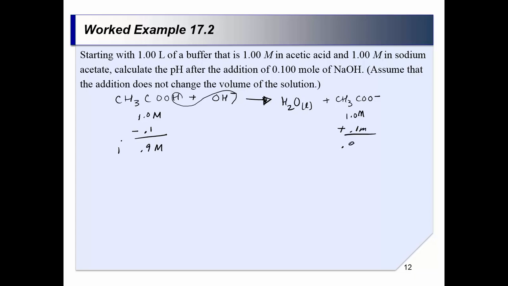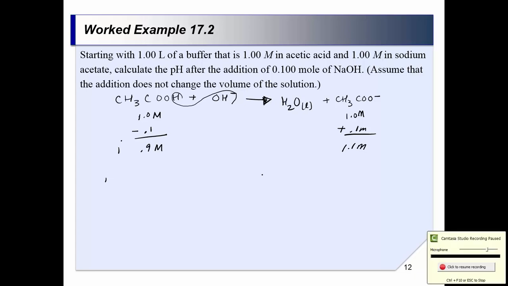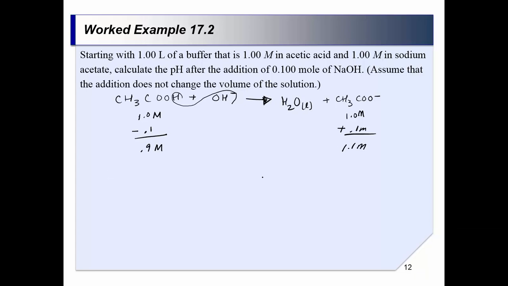So for 1.1 moles of our acetate, for our initial concentration of our acetate ion, we're going to look at the ratio of acetate to weak acid, which in this case we're looking at 1.1 over 0.9.